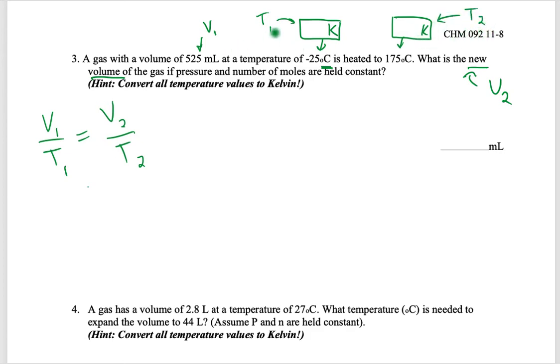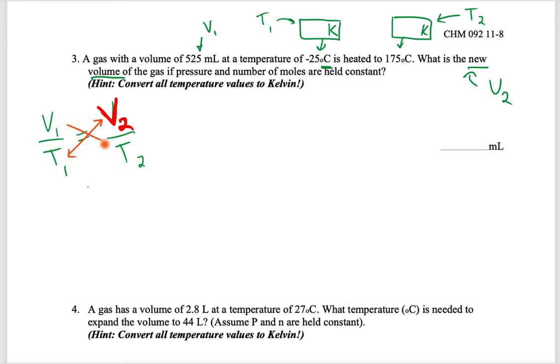So V1, T1, T2, right? These are all numerical values. You're going to solve for V2. So this is our target. Let's just walk through the algebra here. To rearrange this type of proportion, what you do is something called cross multiply and divide.